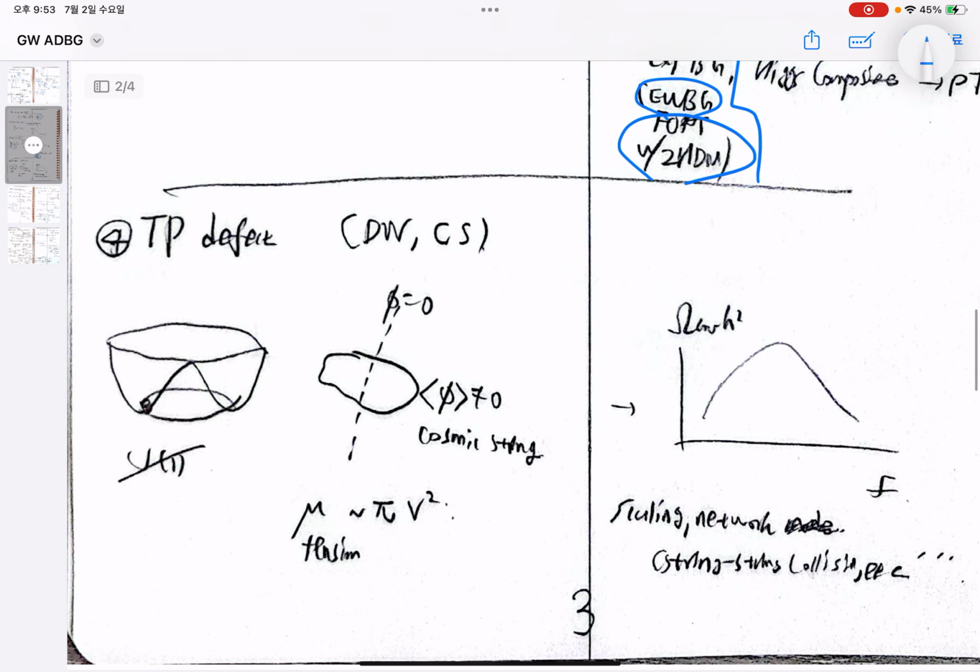The other possible source is a topological defect, such as a domain wall or cosmic string, depending on the symmetry breaking. For example, the cosmic string case occurs in U(1) symmetry breaking. We discussed it in many previous videos.